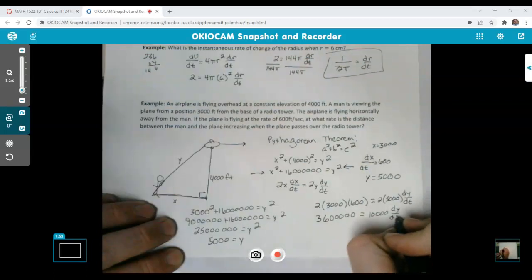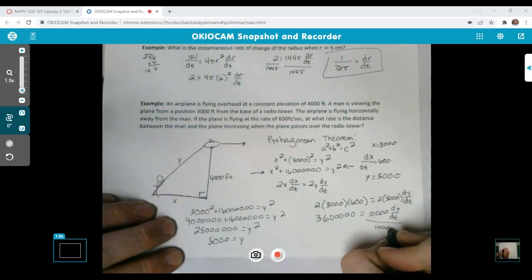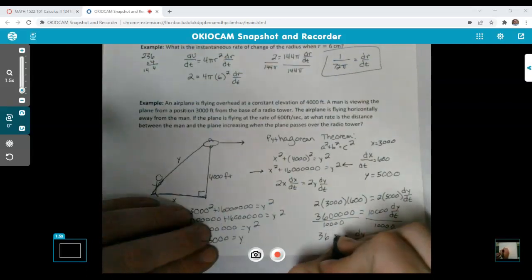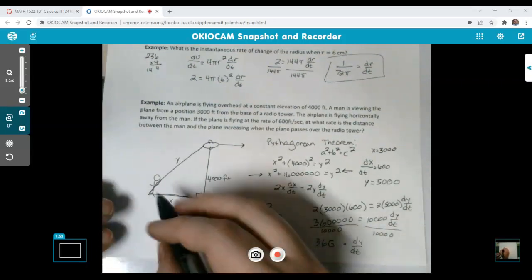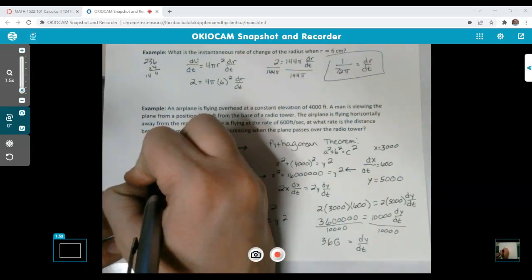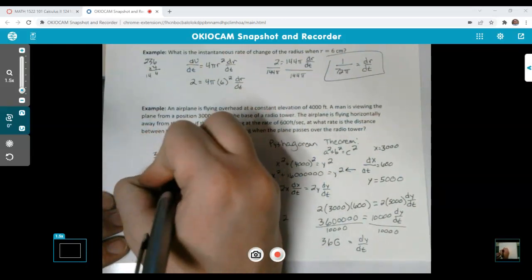So just divide by 10,000. And for dy/dt, you get 360. So this length right here is going to change by 360 feet per second.